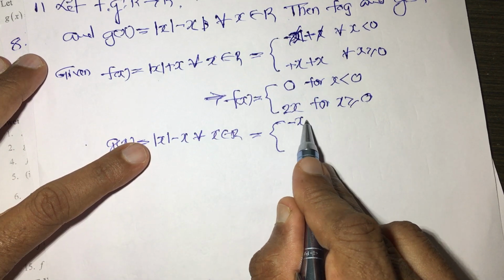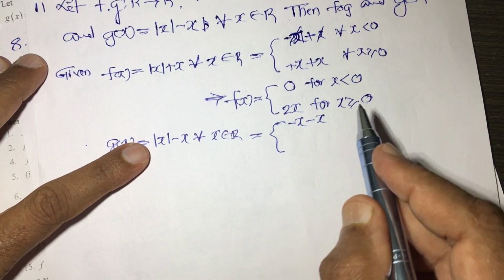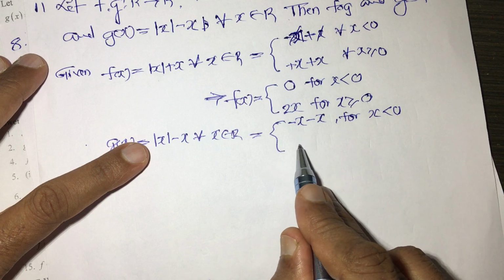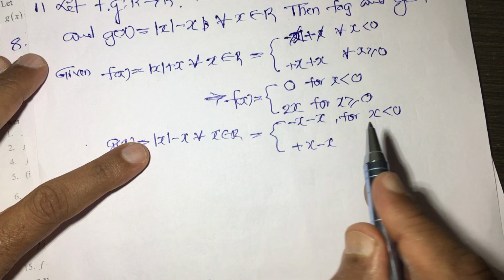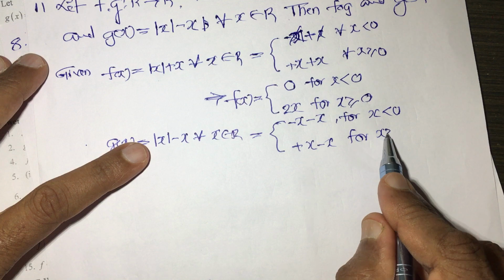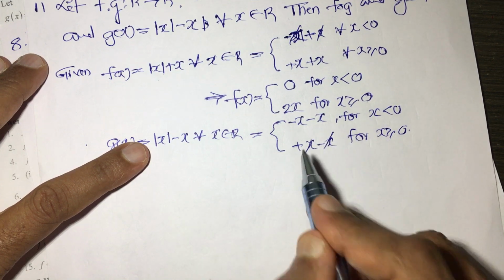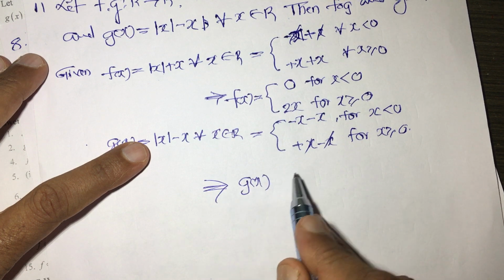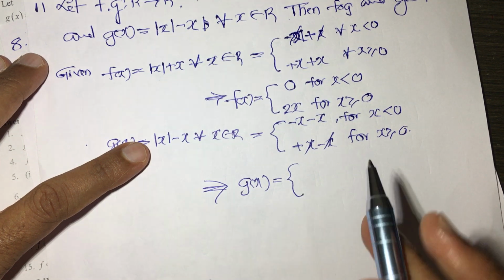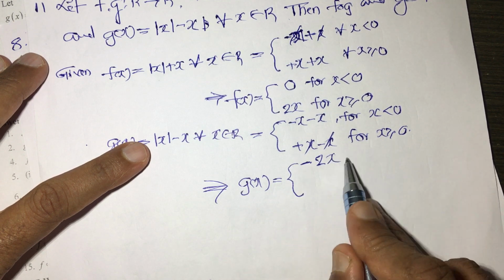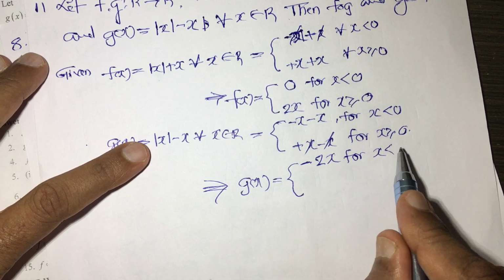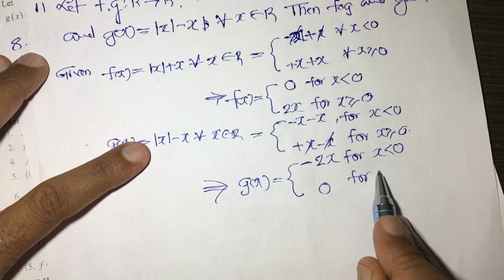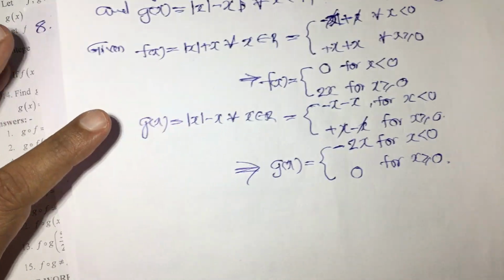Negative means it is minus x for x less than 0, and it is plus x minus x for all x greater than or equal to 0. So this gets cancelled. This implies g of x is minus 2x for x less than 0, and it is 0 because plus x minus x cancels, for x greater than or equal to 0.